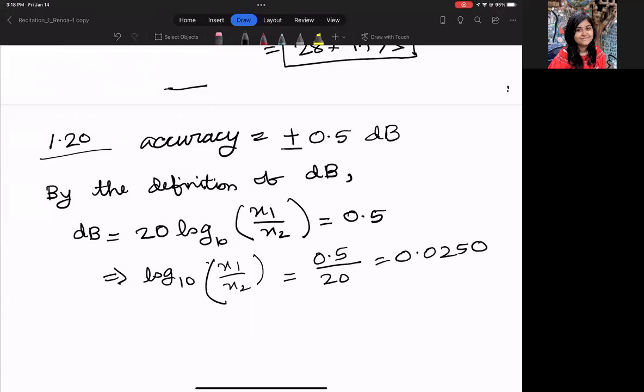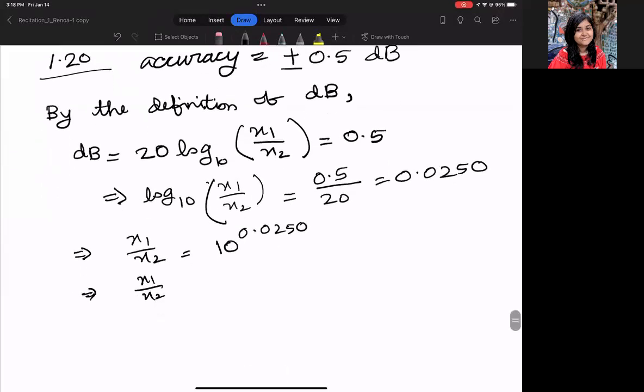So x1 by x2 will be equivalent to 10 to the power 0.0250, which is equal to, if we calculate this, we'll get 1.0593.